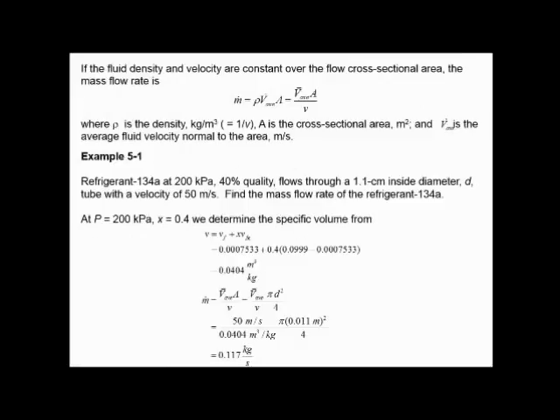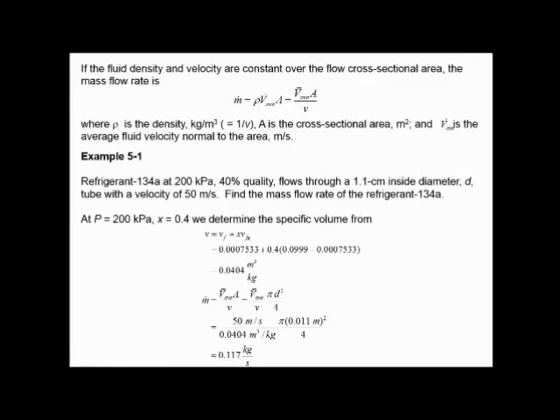Now if the fluid density and velocity are constant over the flow cross-sectional area, then the mass flow rate, that is m dot, will be rho times V average into A, that is V average into A by v, where rho is the density and this density can be represented as equal to 1 by v, and A is the cross-sectional area. Don't be confused with this v, this is a specific volume, it is just the reciprocal of the density.